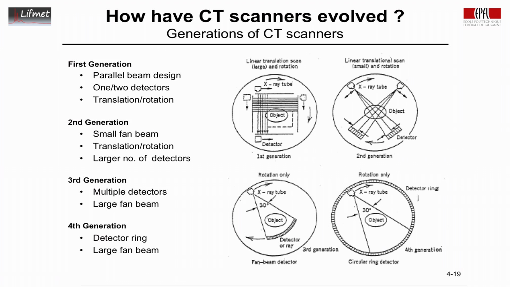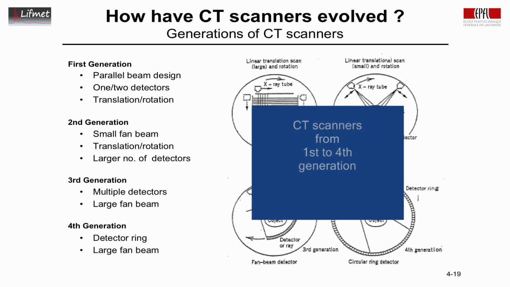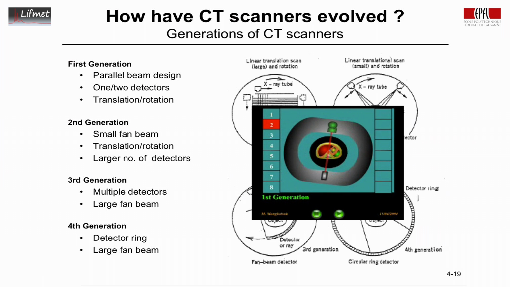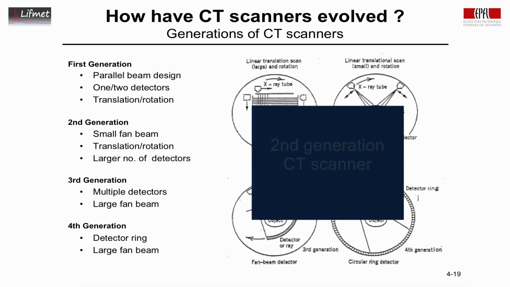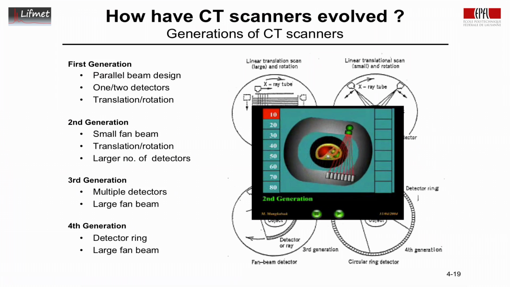We've had parallel first generation, second and third generation of the scanners, and this is what we are seeing here in the video, the different generation scanners. We're starting out with the simplest one. There was one scanner, one line collected at a time. Then we had a small fan beam, third generation, multiple scanners, etc. So in complexity, and in the meantime we're up to the 5th generation scanners, which are produced.